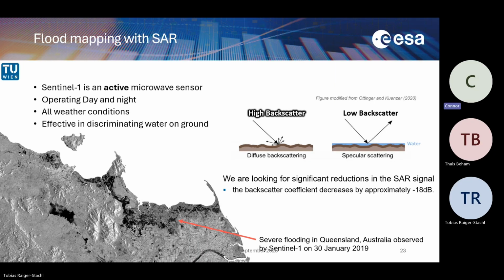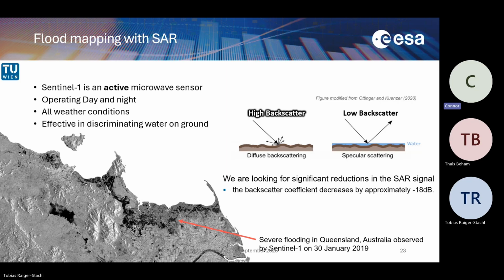So once again, it's important to underline that since we're talking about flood mapping with SAR, the unique characteristic of Sentinel-1 or SAR systems is that active microwave sensors operate day and night and in all weather conditions, so they can penetrate clouds.